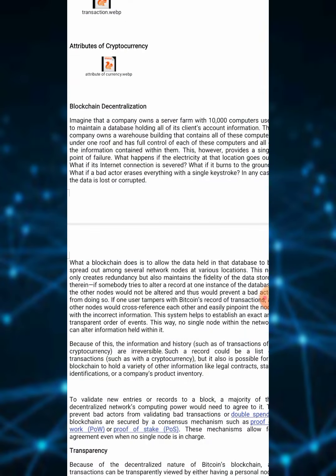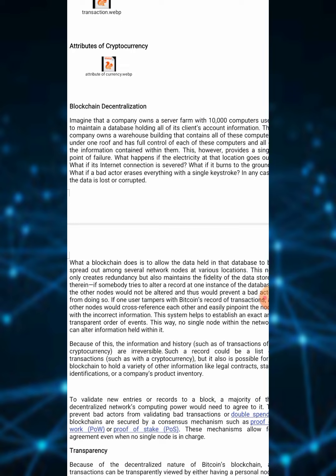To prevent this unwanted hazard, blockchain adopts the method of spreading out its information, its transactions, to different computers in different locations.